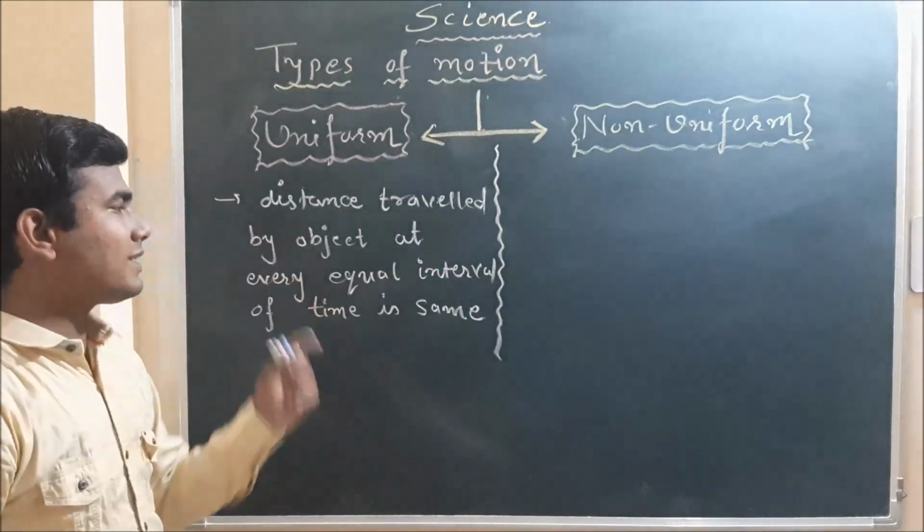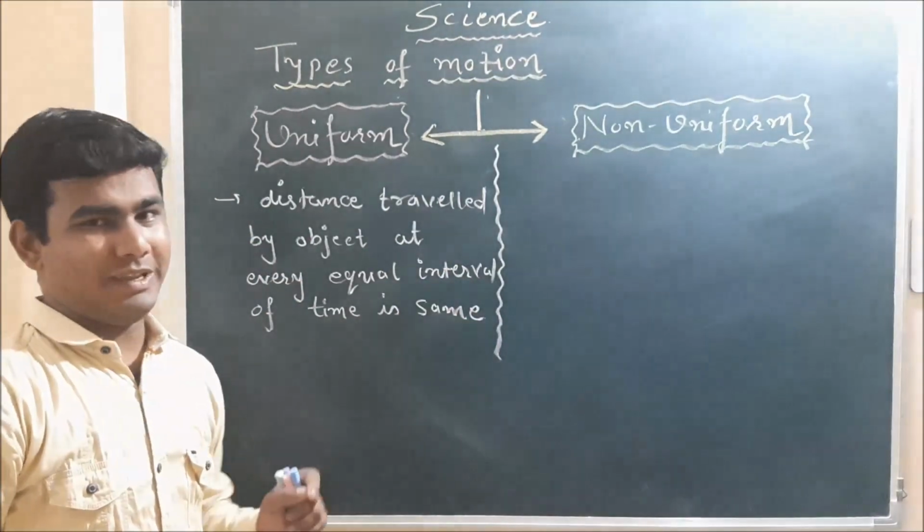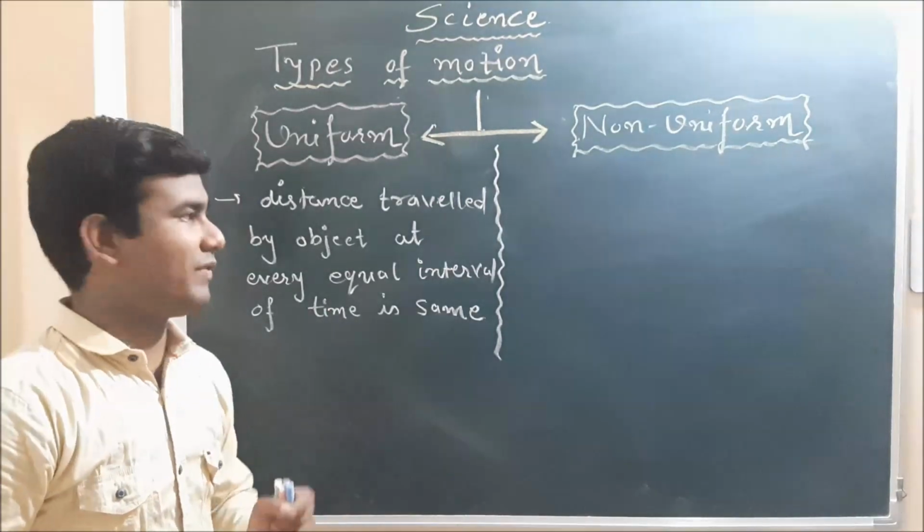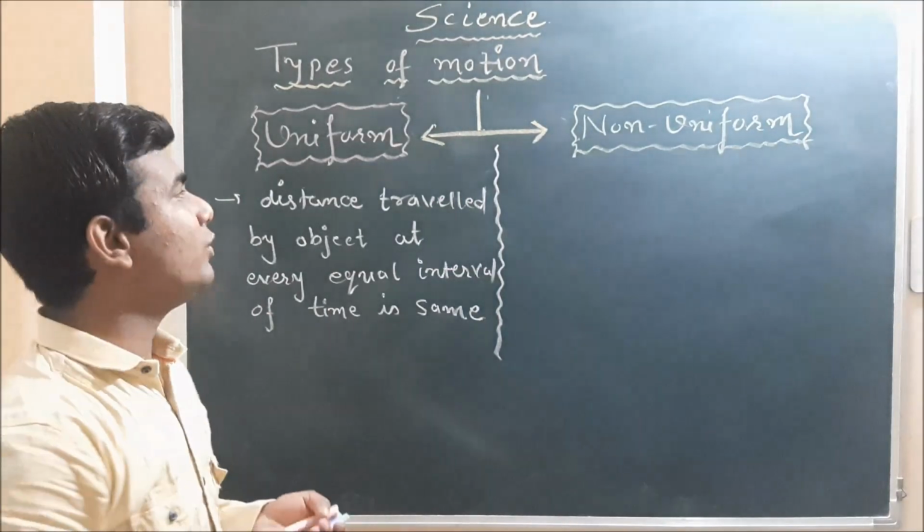So if the distance traveled by the object is the same in every equal interval of time, that is considered as uniform motion.